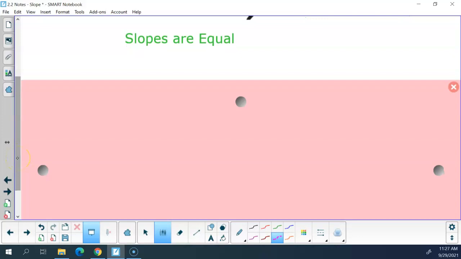What about perpendicular? What about 2 lines that are perpendicular? What do we know? Luca, why don't you just tell us? They intersect at a 90-degree angle.